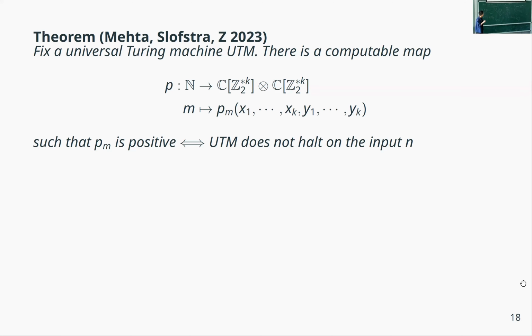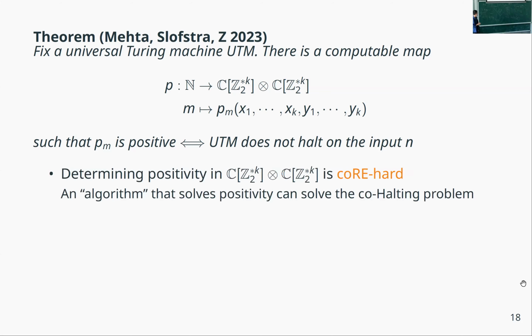This M is the input of the Turing machine, and this P_M is a noncommutative polynomial in this tensor product of algebras that models quantum matrices. This map has the property that this polynomial is positive if and only if the Turing machine does not halt on the input.